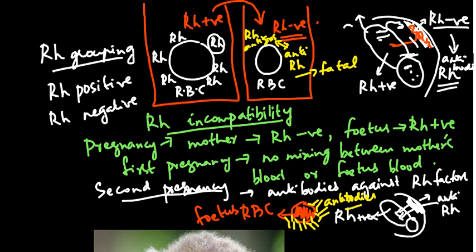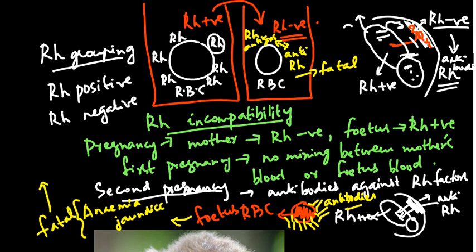This is fatal for the second fetus, that is for the baby. It will result in anemia and jaundice for the baby. And since it's fatal, this problem is called erythroblastosis fetalis.